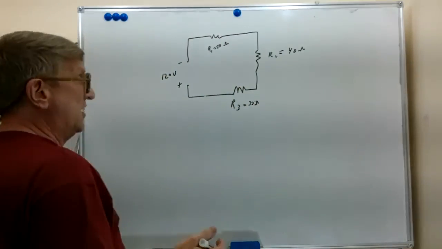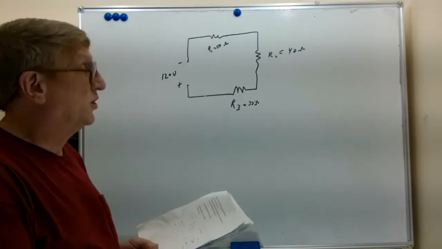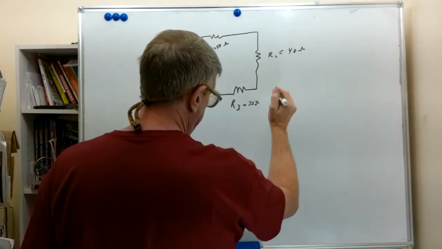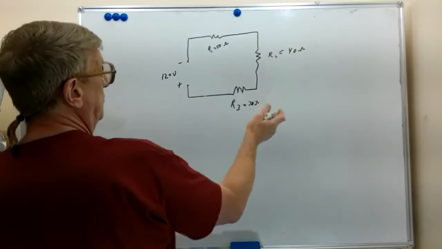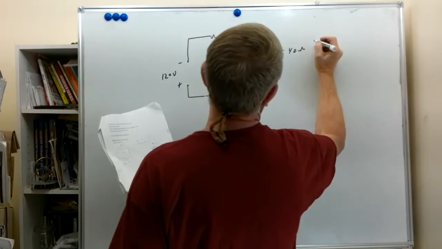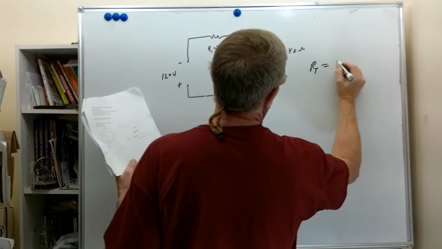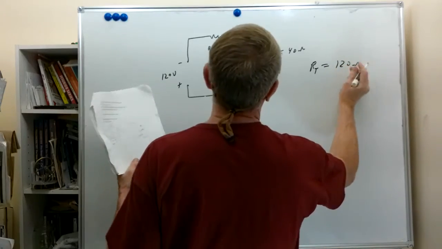So let's first just calculate the current when everything's working normally. 50 ohms plus 40 ohms is 90 ohms, plus 30 more ohms, so we've got 120 ohms. So our total equals 120 ohms.